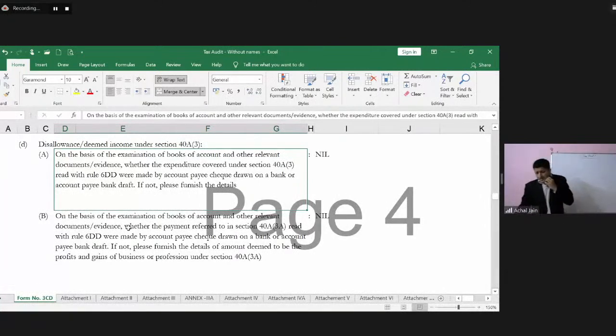Now let's suppose the payments have been made through account payee cheque or account payee bank draft. There again, verifying whether that was done through account payee cheque or bank draft will not be possible for the auditor. Why? Because if these payments were made, then these cheques would have gone out, and it will not be possible for the auditor to track it.